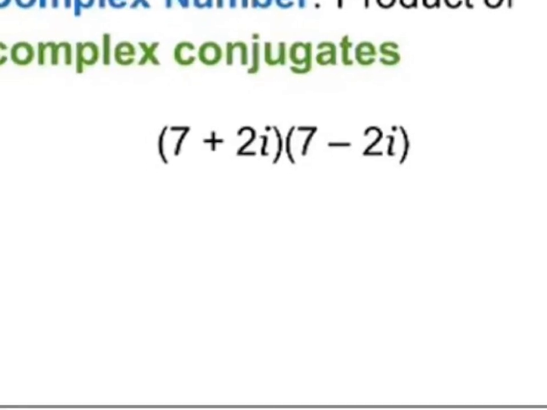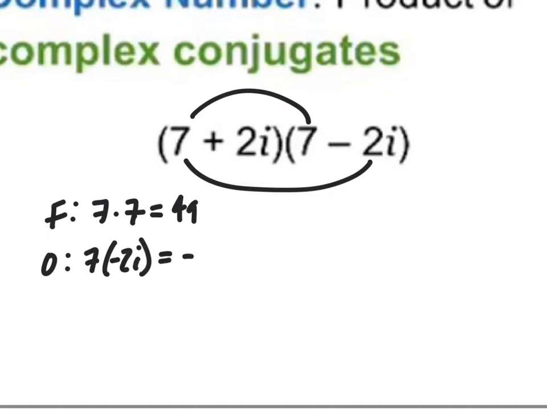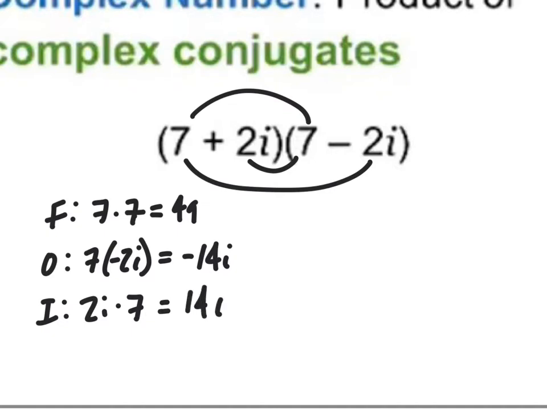But if you have a complex conjugate with a complex number, let's multiply these out: this is 7 plus 2i times 7 minus 2i. If I were to FOIL this out, my first terms, 7 times 7, give me 49. My outside terms, 7 times negative 2i, give me negative 14i. My inside terms, 2i times 7, give me positive 14i.